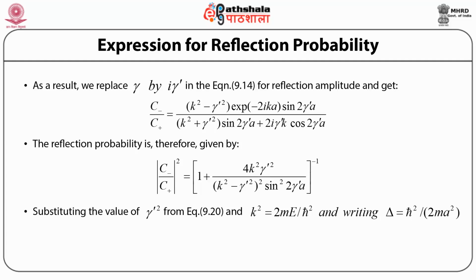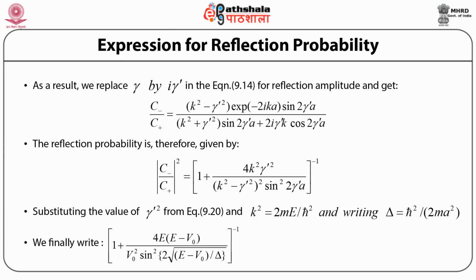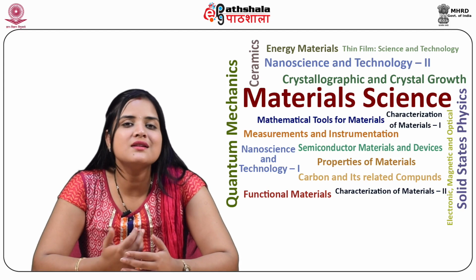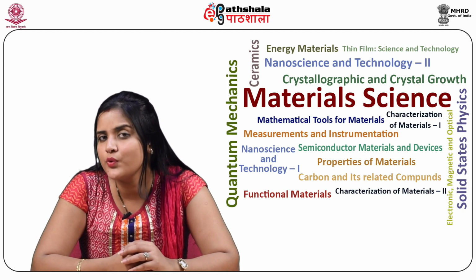Substituting the value of gamma prime square from equation 20 and k square equals 2mE by h cut square, and writing delta is equal to h cut square by 2ma square, we finally write the inverse of 1 plus 4E into E minus V naught divided by V naught square into sine square twice the square root of E minus V naught by delta. Now we move on to the comparison of the expressions for reflection coefficient.